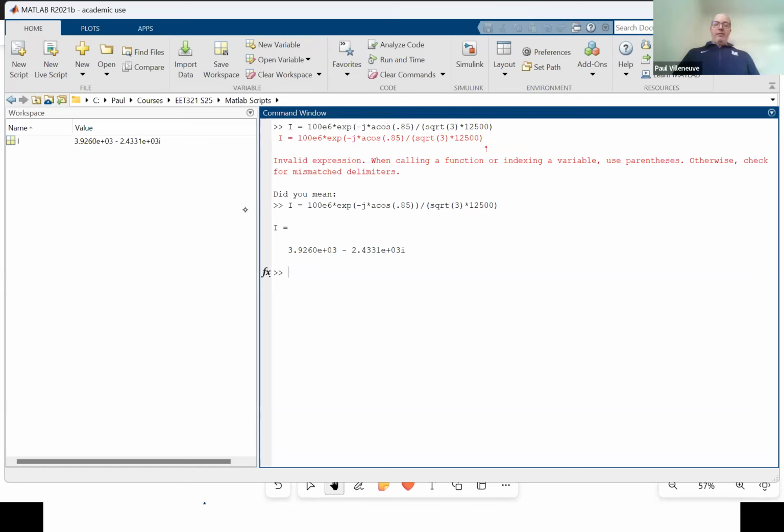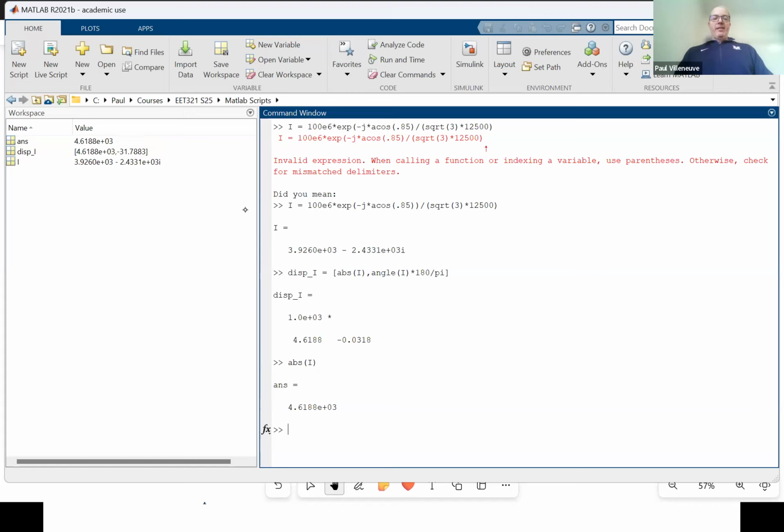So that's my current. I don't like the look of that, so I'm going to display my current. And this is unfortunate, because I've got 4,000 amps. So probably what would be better is just to do the absolute value of I. I'm getting 4,619 amps of current.